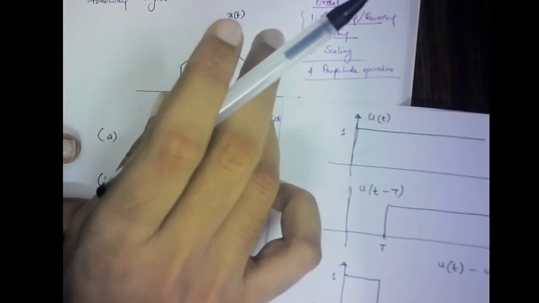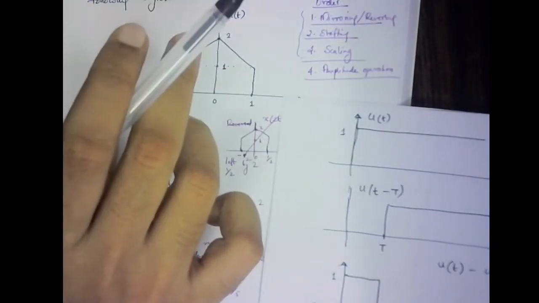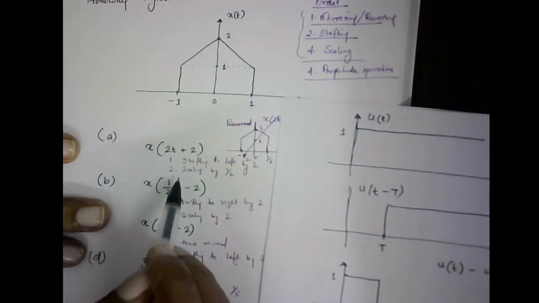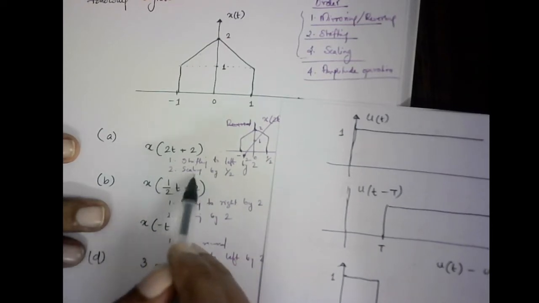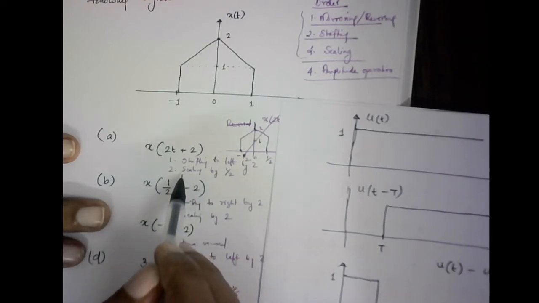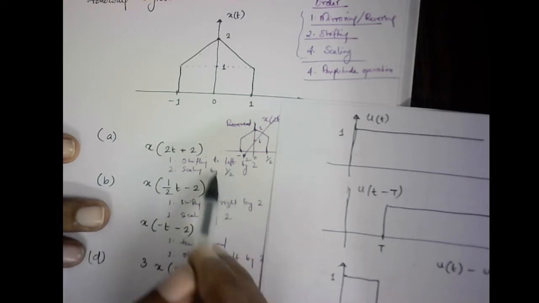So first you need to shift this to the left by 2 seconds, and then you need to compress it by half. Okay, so let me try to give the solution for this part alone.